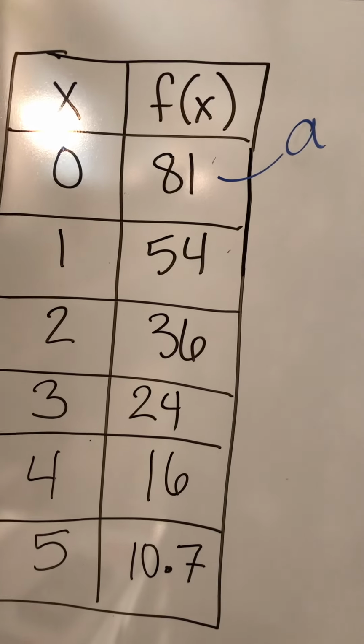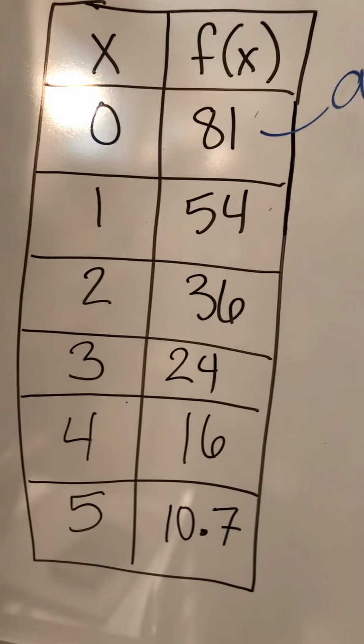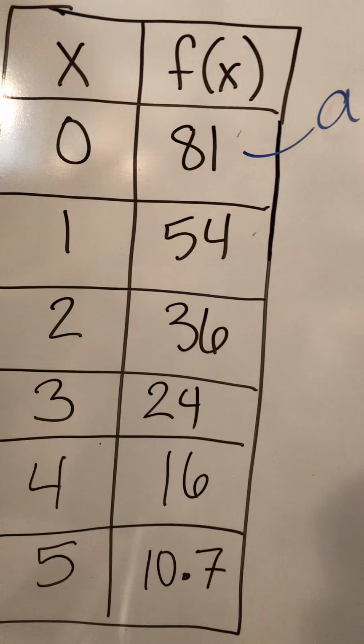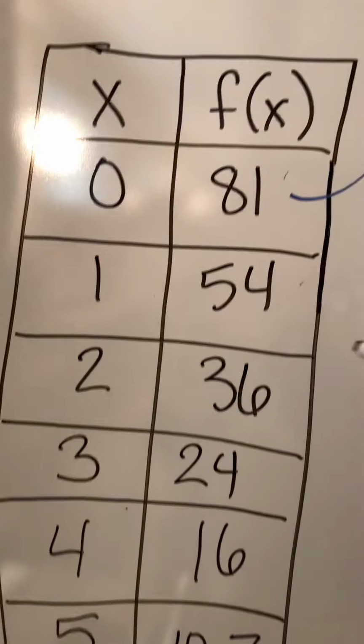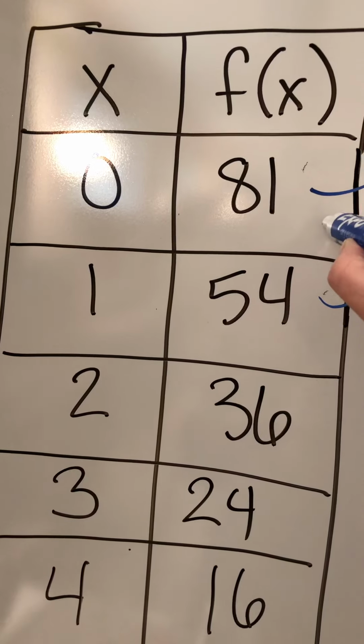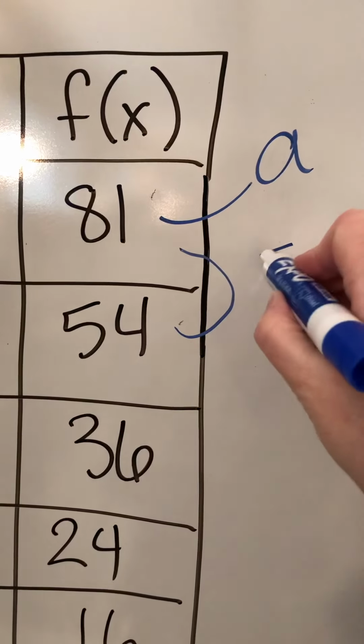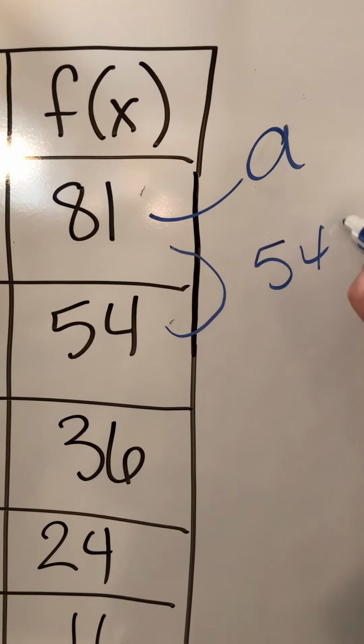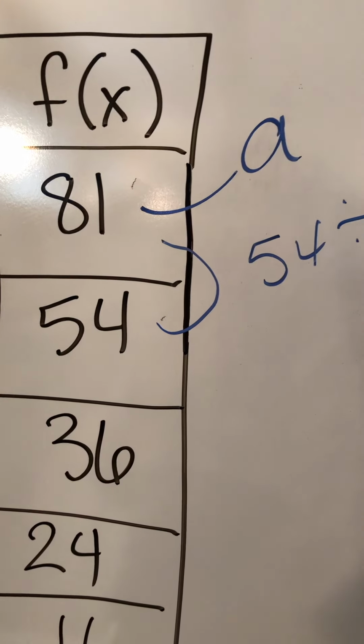Then you need to calculate, and you can use a calculator, your constant, and it has to be when you go from the y value to the previous y value. So you're dividing, so we're going to do 54 divided by 81.